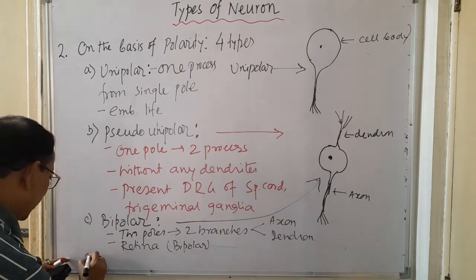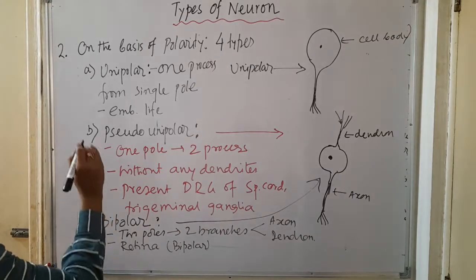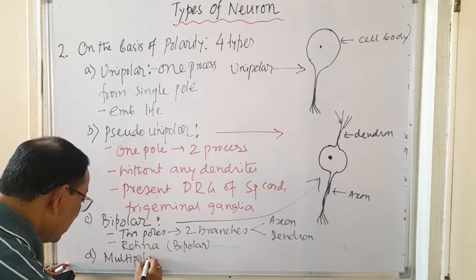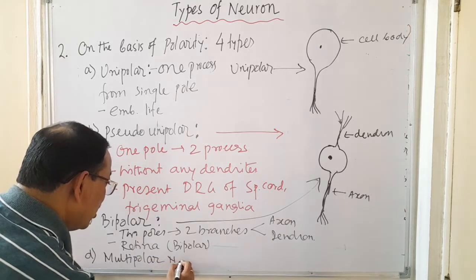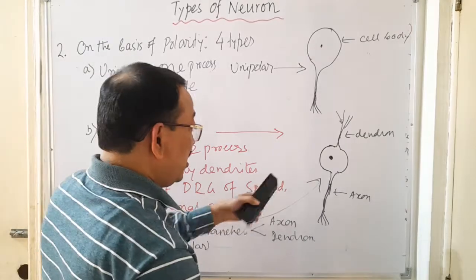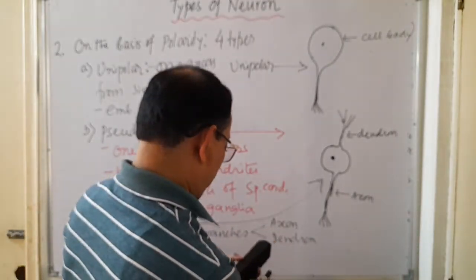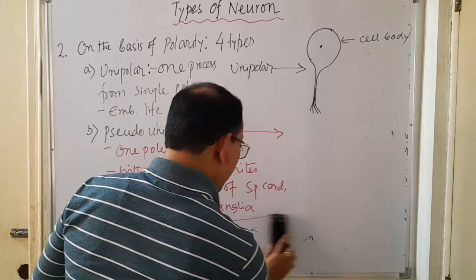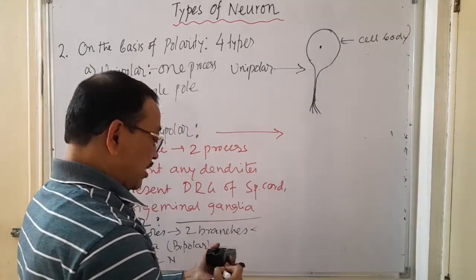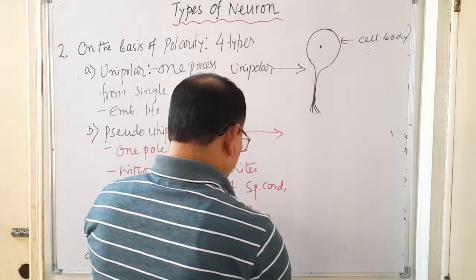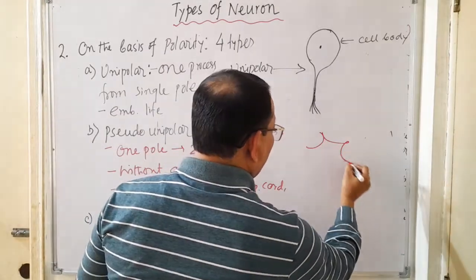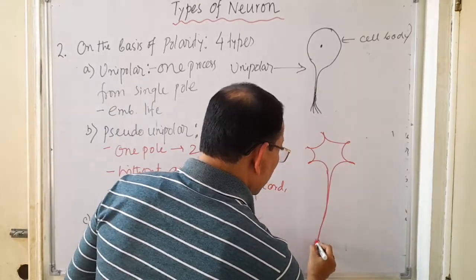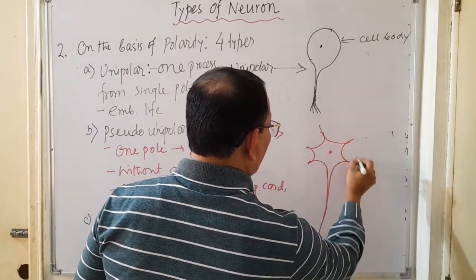And finally, there is another type of neuron on the basis of polarity, known as the multipolar neuron. So what is this multipolar neuron? This is the structure of the multipolar neuron.